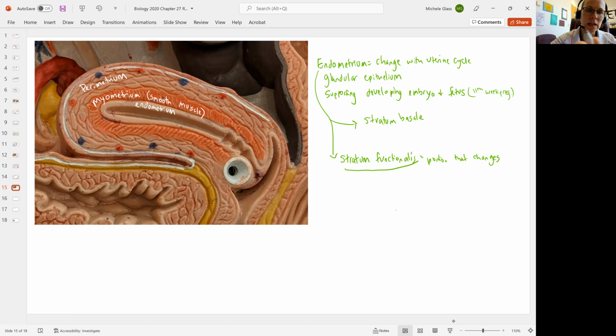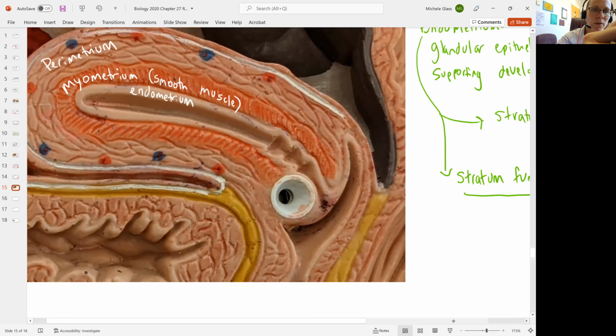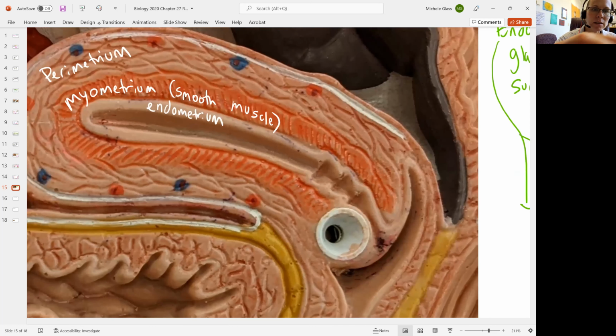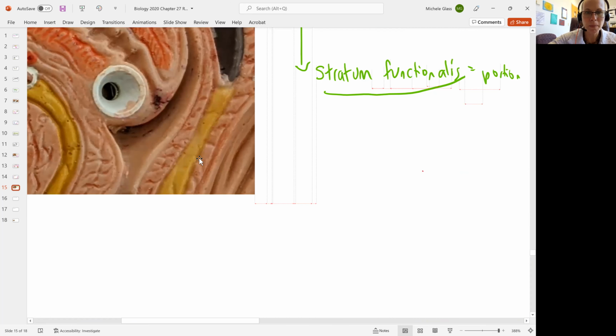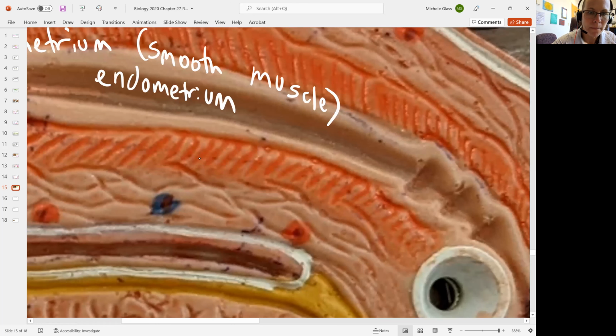Now, what we'll see is extending up through the endometrial layer, you'll get these special arteries that have a little spiral to them. And so we'll be seeing the changes that occur. So imagine a little artery that's coiled, and the coil part is sticking up into that functional layer.